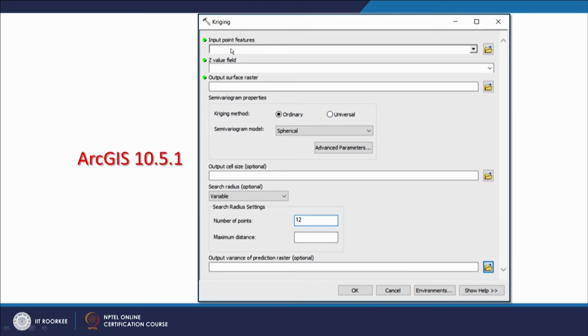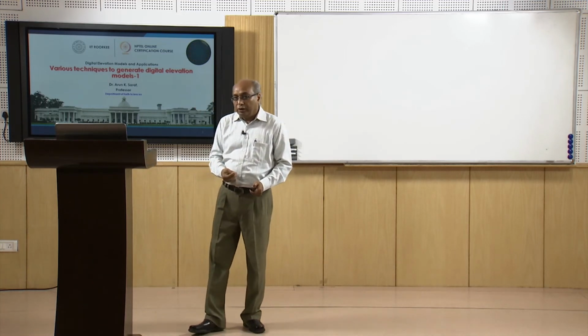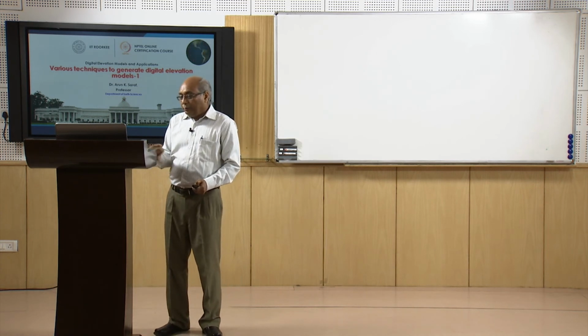You have to provide an input point feature file, choose among the attributes which attribute you want to consider as the z value, then where you will store the output surface, then 2 methods, ordinary and universal, and then semivariogram models, spherical and many other options, are available. What should be the cell size? That means you are now fixing the spatial resolution of the digital elevation model which is going to be created using kriging.